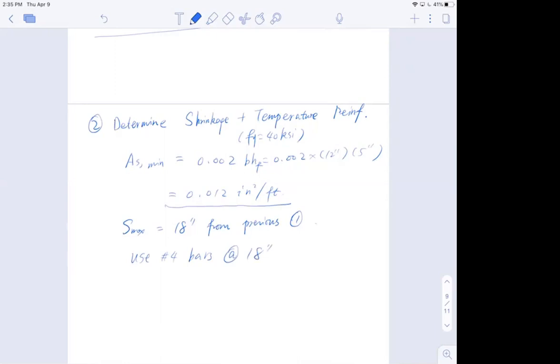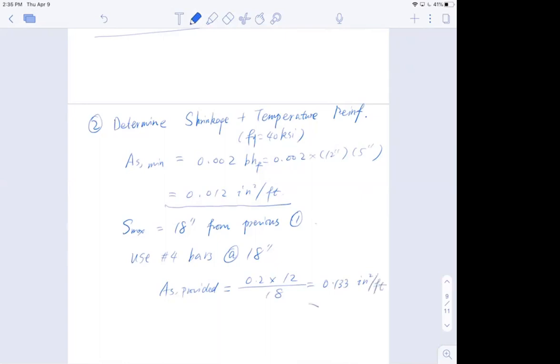And in that case, I have As provided equal to 0.2 multiplied by 12 divided by 18. So this number comes out to be 0.133 inch squared per foot.